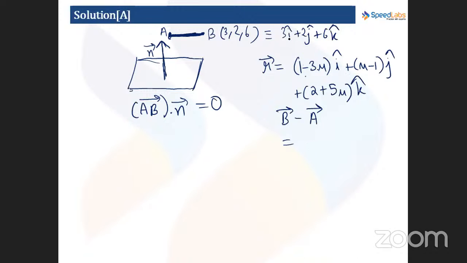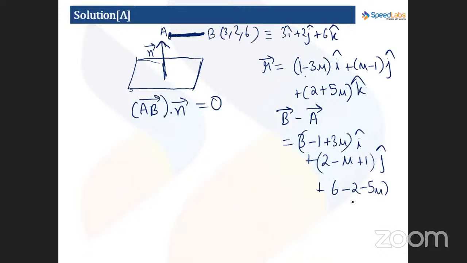So this is (3 minus 1 plus 3 mu) i cap plus (2 minus mu plus 1) j cap plus (6 minus 2 minus 5 mu) k cap. So this AB vector will be (2 plus 3 mu) i cap plus (3 minus mu) j cap plus (4 minus 5 mu) k cap.